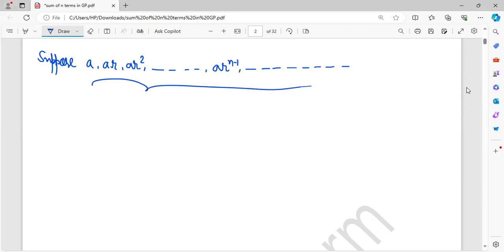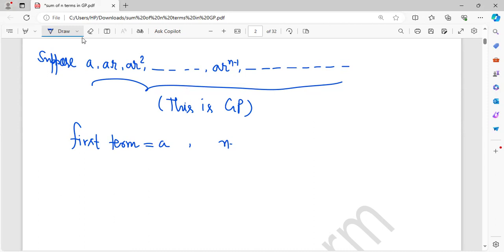This is a GP. The first term is A and the common ratio is R. So we are to sum the first n terms.